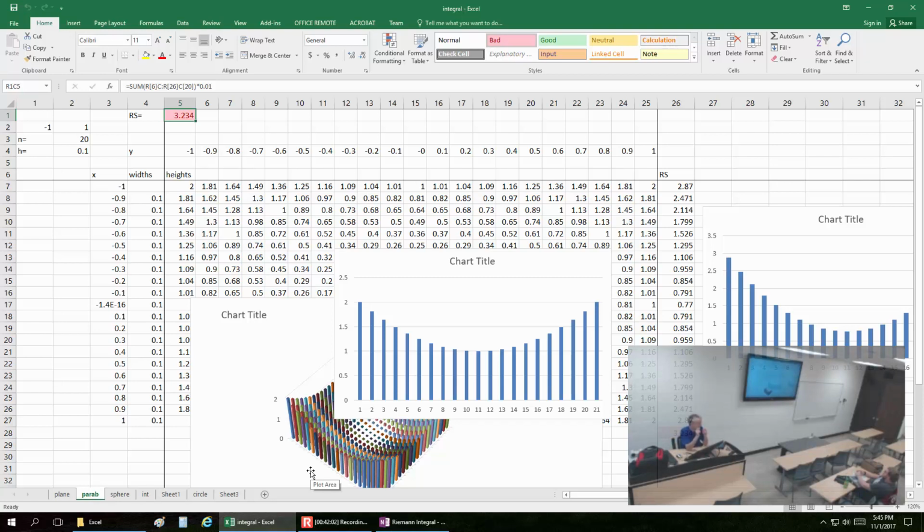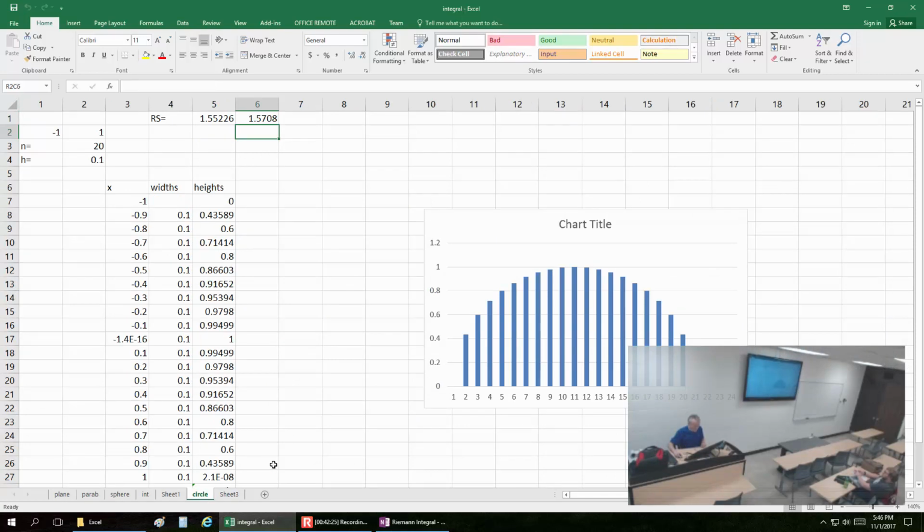This one only had n equal to 20. If you have 100, you have 100 bars, and the curve forms more and more like a continuous curve. So you cannot really tell them apart. Is this the integral, or is it the Riemann sum? They are virtually indistinguishable. That's the good thing.